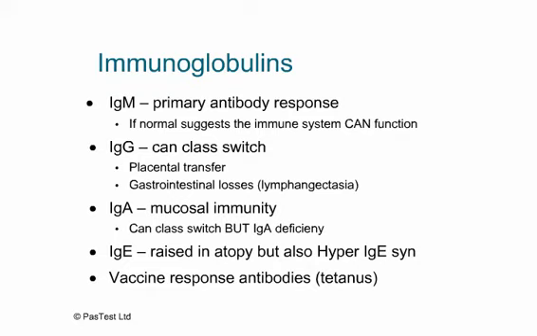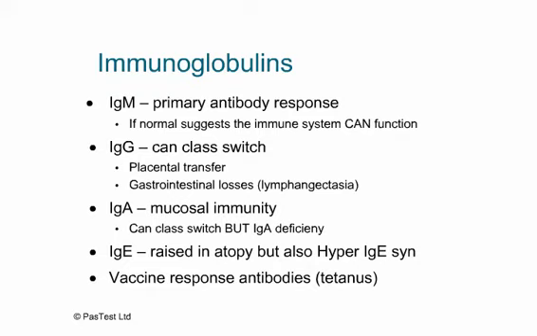And mucosal surfaces, of course, refer to the respiratory tract and the gastrointestinal tract, two of the most susceptible places for infection and disease in these sorts of patients. There is a bit of a catch with IgA as well, because IgA deficiency is very prevalent in the population, and it's unclear what the significance of that is. If you have a very low or absent IgA, it's difficult to know how to interpret that.